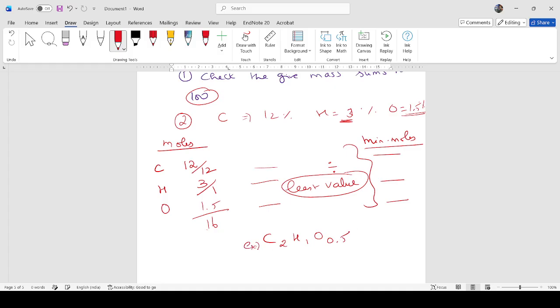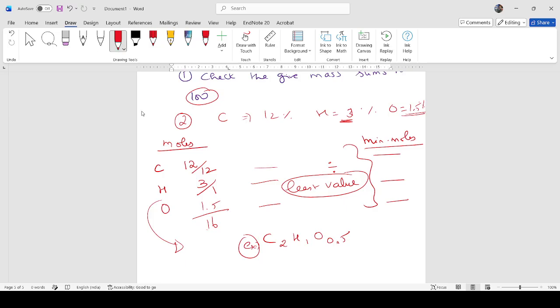For example, we are not getting this from the calculation, I am just telling you. You have never seen compounds having this kind of decimal or fractional values. Yes, you will be able to see it in very rare complexes which are called interstitial compounds, but these are not that kind of compounds.